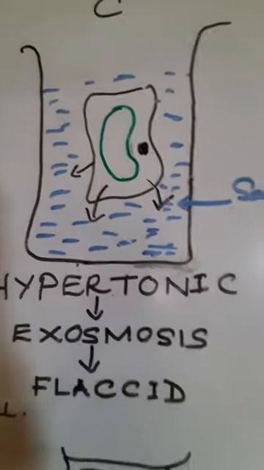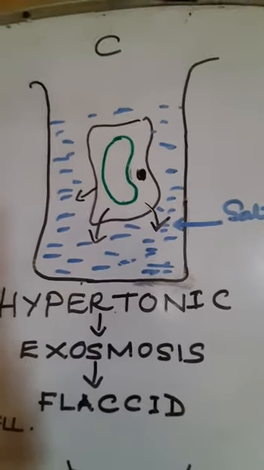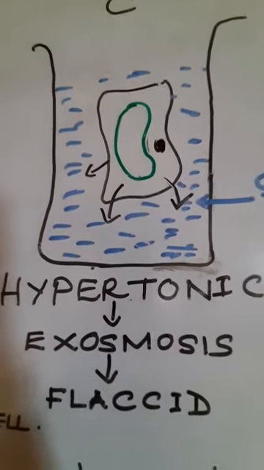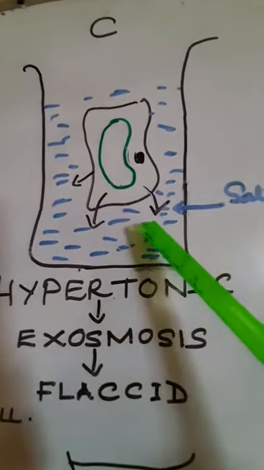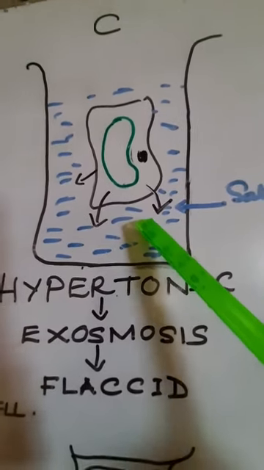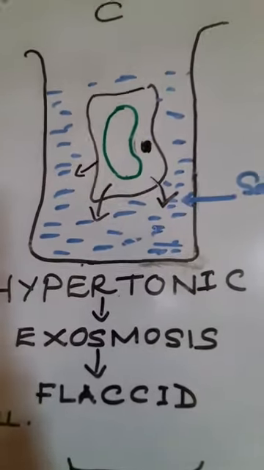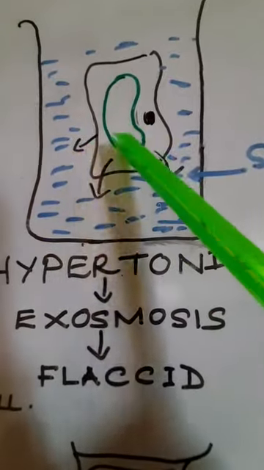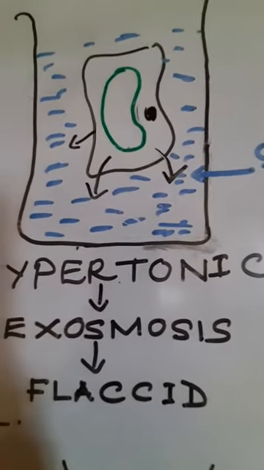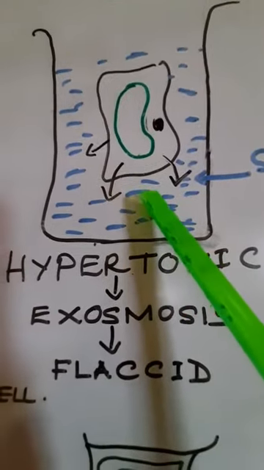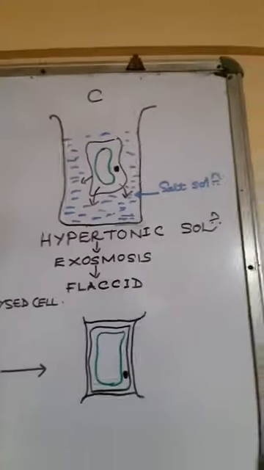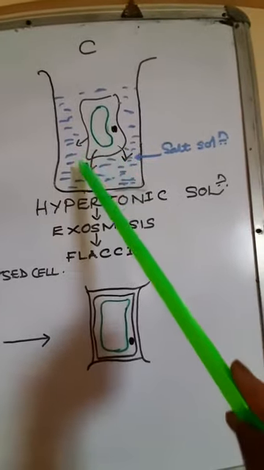Then the third type, the cell is immersed in a solution which is hypertonic. The concentration is much higher in relation to the cell. That means the concentration inside the cell is less, no? So outside the solution is hypertonic. In this condition, water leaves the cell.